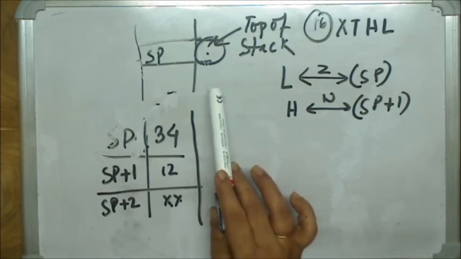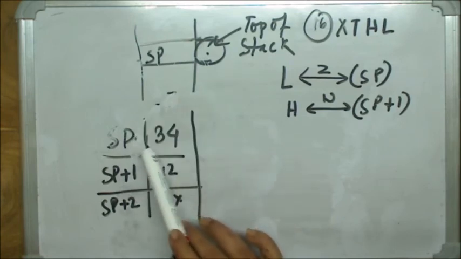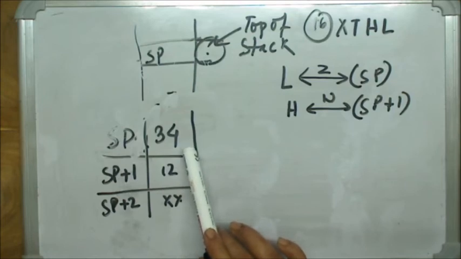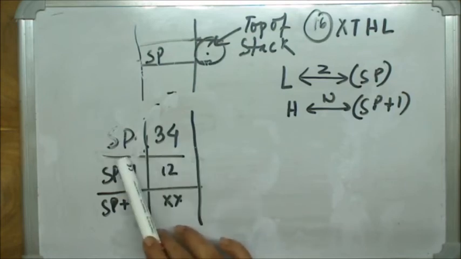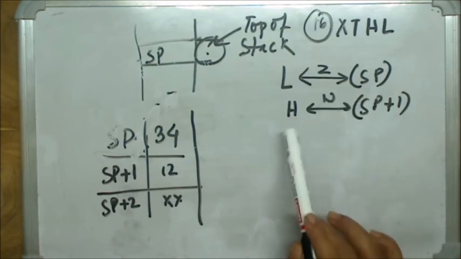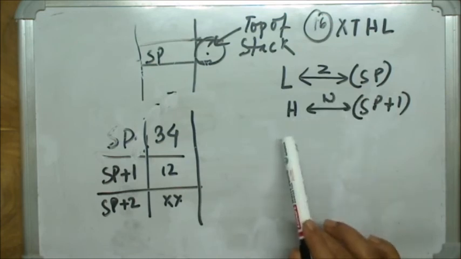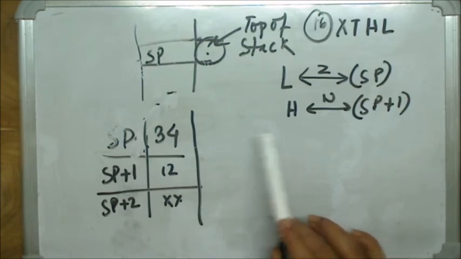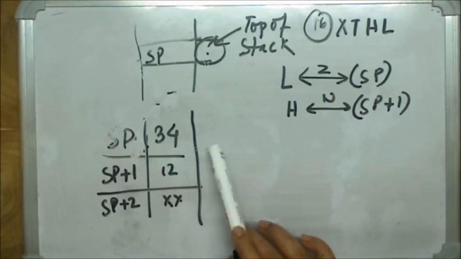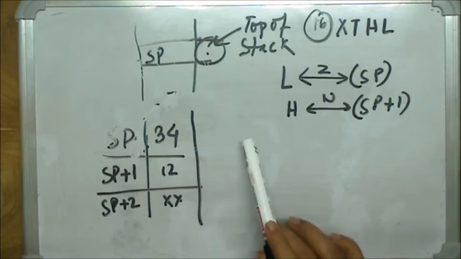Now suppose this is your stack pointer, and this is your 34H data. So 34H is the topmost element of the stack pointed to by the stack pointer. Now the HL pair is 16-bit. I have already told you that 16-bit data cannot be exchanged with one location. It requires two consecutive locations.